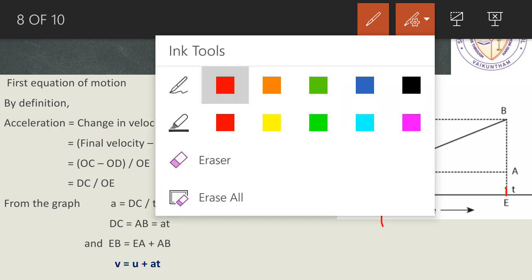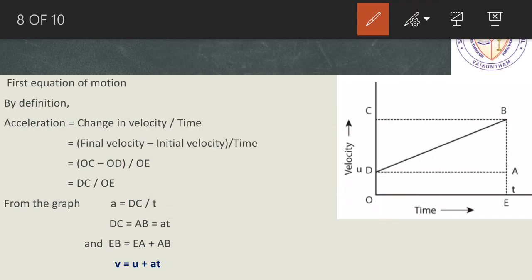From the graph, OC minus OD, in this length if you subtract this one, you will be left with DC. So OC minus OD will be DC, which is DC divided by OE. So acceleration is equal to DC by OE.